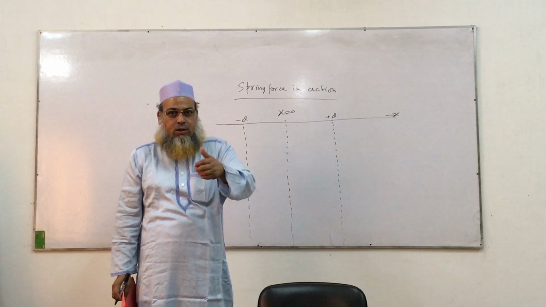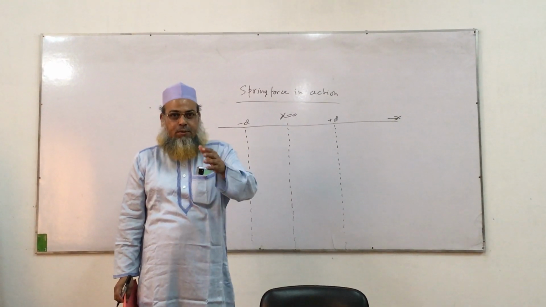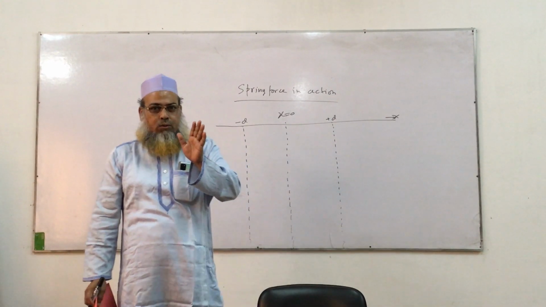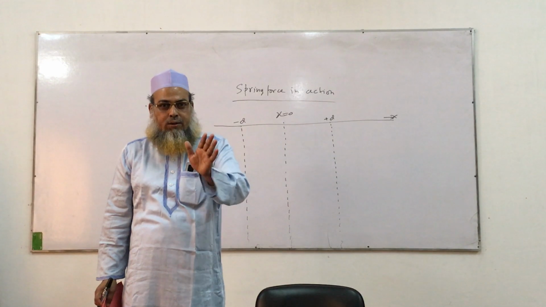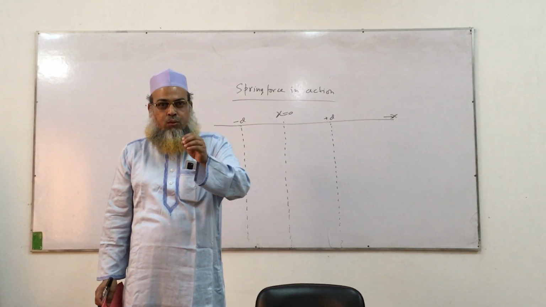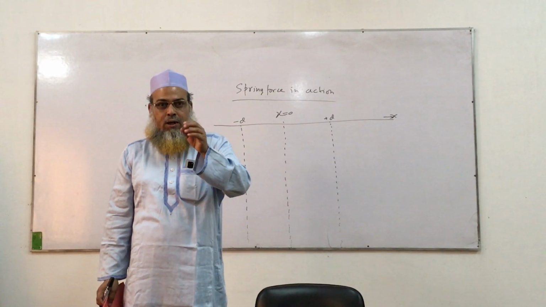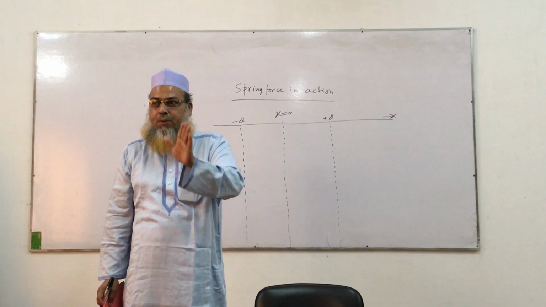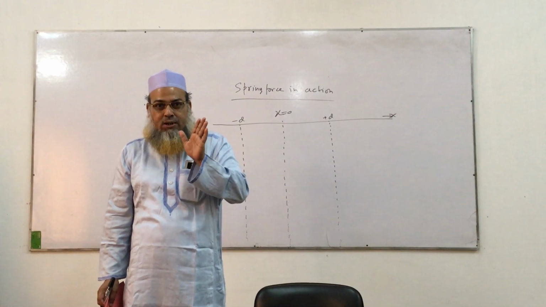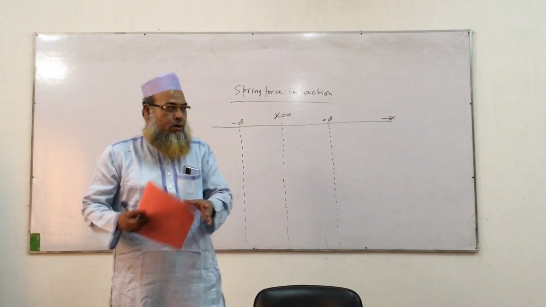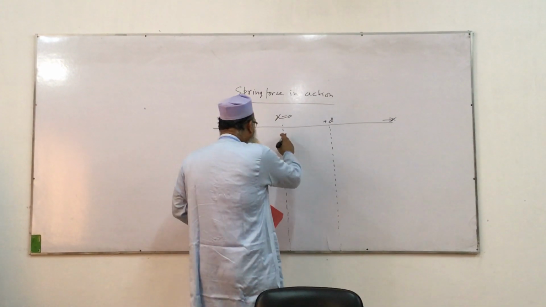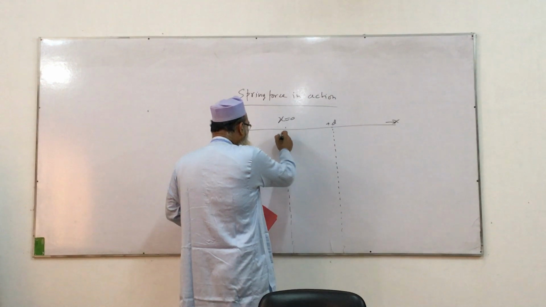Actually, a block is associated with the spring. You cannot push a spring by your hand, it will be hard. But you attach a block with the spring and then press the block, you do the displacement. So I have a block here.